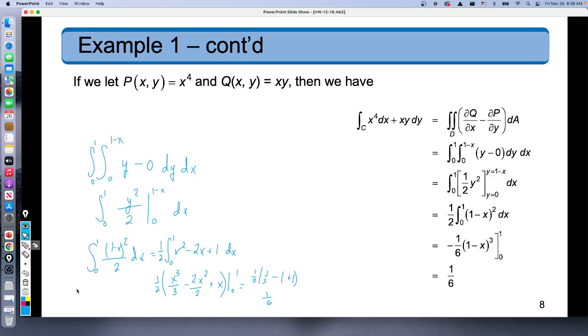And that's what the textbook did, basically a similar type thing. I guess we didn't have to multiply it out, just to me it made more sense to go ahead and do that. Anyway, 1/6. Okay, so there's our example of using Green's theorem. Now, let me go ahead and clear that.